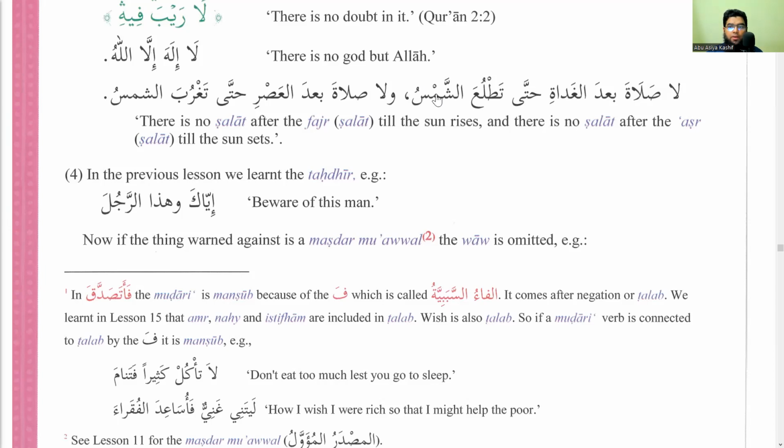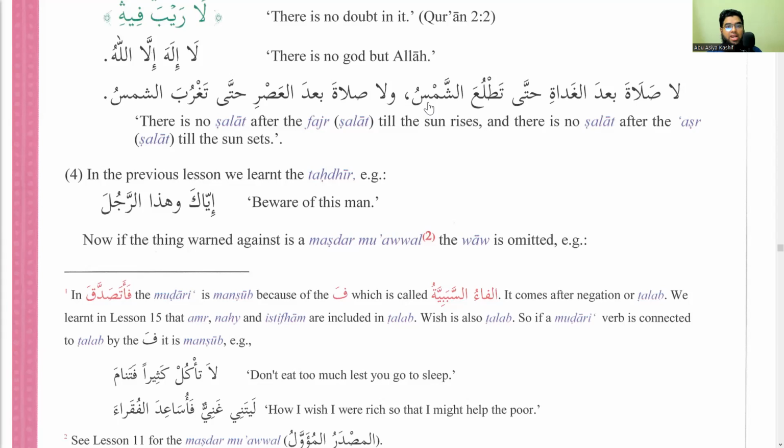Why shamsu with dhamma? Oh, this is fa'il, no? Tala'at, fa'il of shams. Who is going to rise? The sun. Correct? Yes, tala'a is a verb, fa'il mudari. Okay, correct. Anytime we see a verb, we should always search for the fa'il.